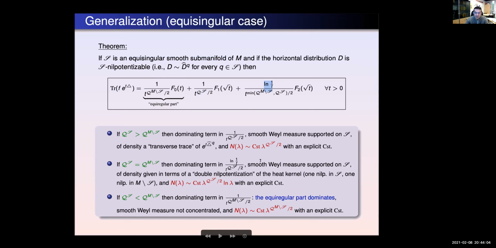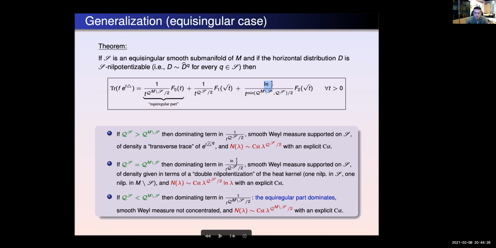You have cases depending on whether the Hausdorff dimension of S is greater or lower than the Hausdorff dimension of the regular part. And for each case, of course, as a consequence of the local Weyl law, we can derive the counting Weyl functions.